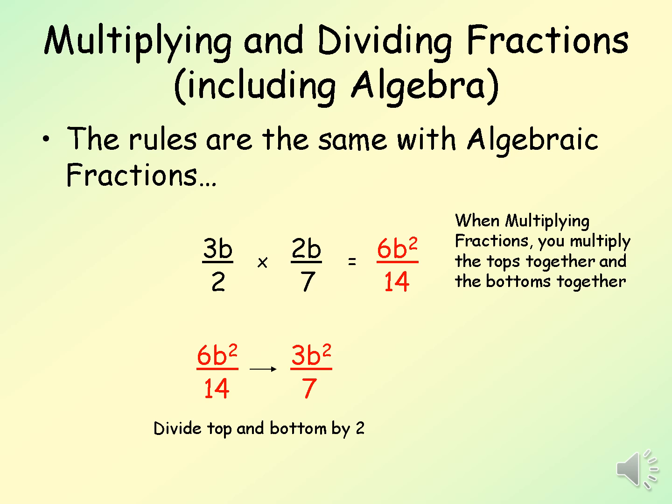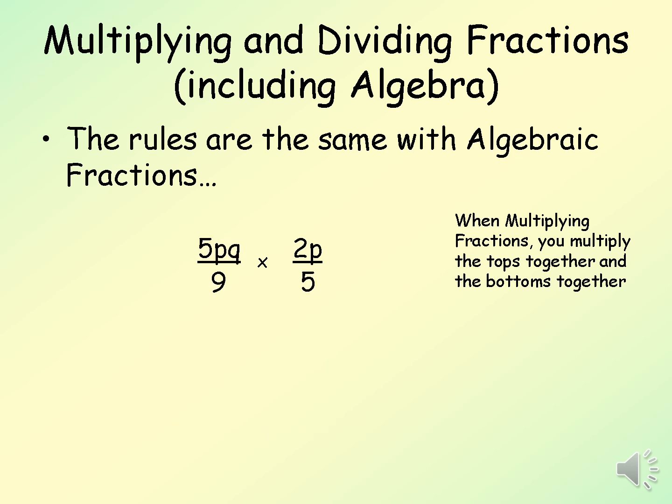So the answer is 3b squared over 7. So there's nothing to divide the b squared, so that stays the same. Okay, so I'm going to pause for 5 seconds so that you get a chance to have a look at this one by yourselves.